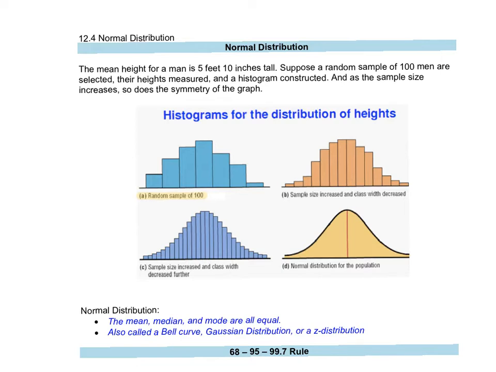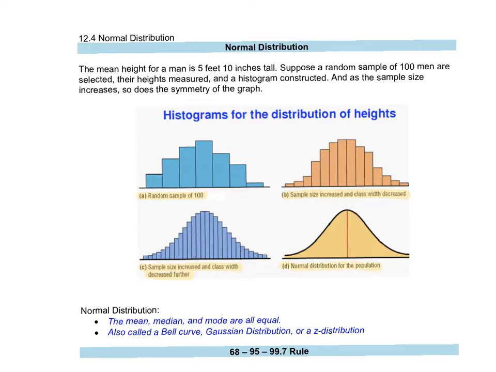Well, let's increase our sample size, and we'll look at graph B, we'll look at graph C. So as we increase our sample size, let's say that we have this really nice graph that seems really symmetrical. So it looks like D.